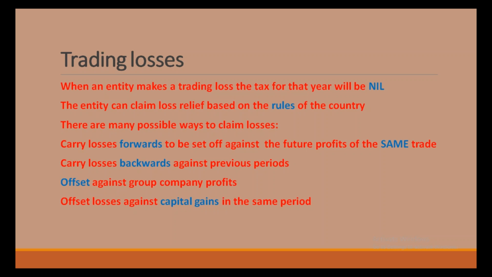One way we can carry forward for the next years. The next one is we can carry back for the previous years, or sometimes we can offset against the company profits, or sometimes we can offset against capital gains of the same period. So these are a few ways that we can claim the tax losses.